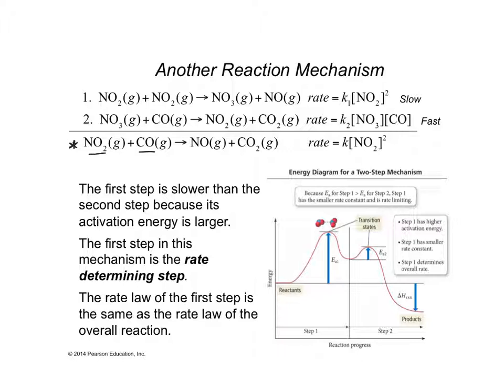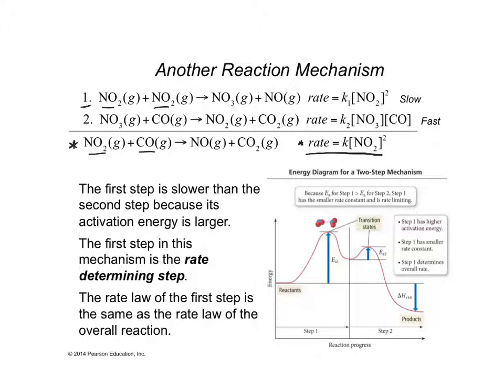At some earlier date, we measured that the rate law for this reaction was second order with respect to NO2 and zero order with respect to CO, okay? Now, we have proposed a mechanism, okay? And in our mechanism, we have a first step where we have to have two NO2s collide, okay?